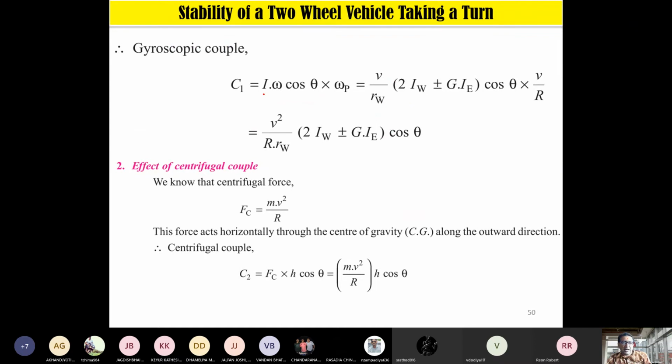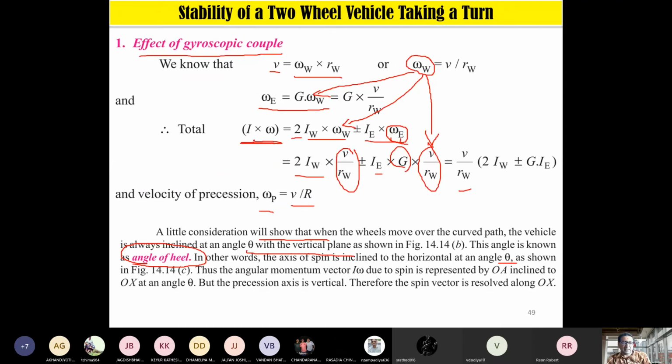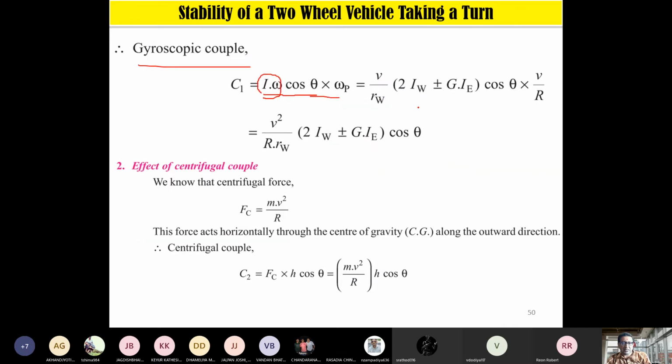Instead of writing I omega, we need to write I omega cos theta and omega p for the gyroscopic couple, because it is at some angle. So let us rewrite I omega, which we have already found in the previous slide is equal to this. Let us replace this here.